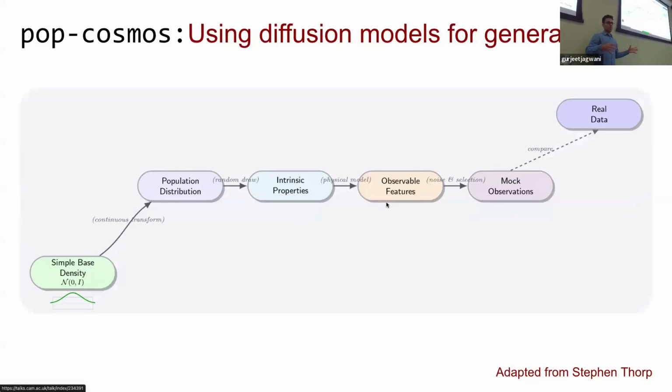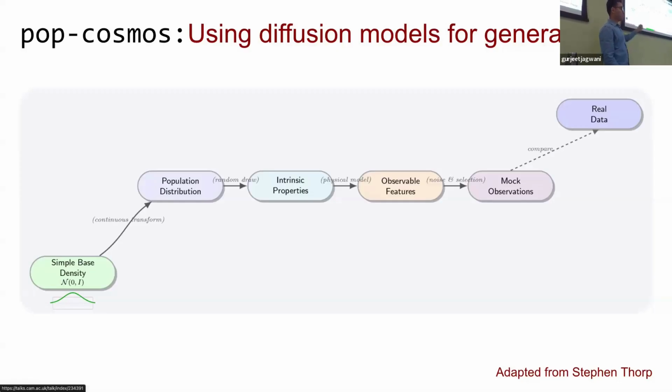And to do this, we use diffusion models, where we have a simple base density that transforms into the population distribution that we're interested in. Then the intrinsic properties of those distributions are converted into observable features that you would expect to see from a telescope.